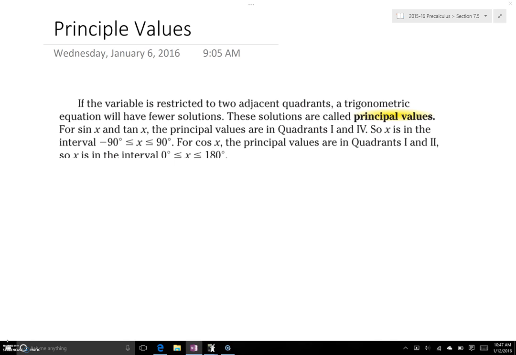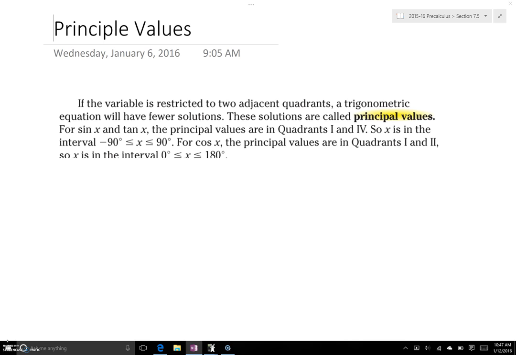One concept that we're going to talk about real quickly is the concept of principal values. All the trigonometric functions are periodic. They repeat their values over and over again every time they cycle through a period. So when we solve expressions, we're going to find that they have infinitely many solutions.